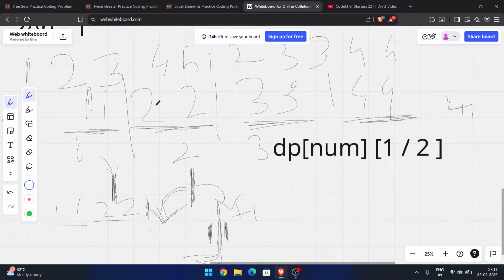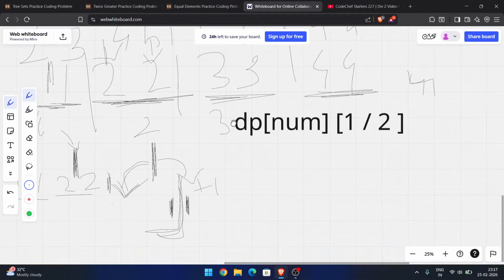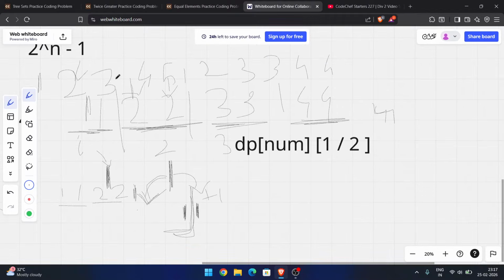Suppose we are at 2. What is the possibility? It can be either the first element or the second element. If I want to append it as a second element, then I can take the best answer till the first two and simply increment it by 1.